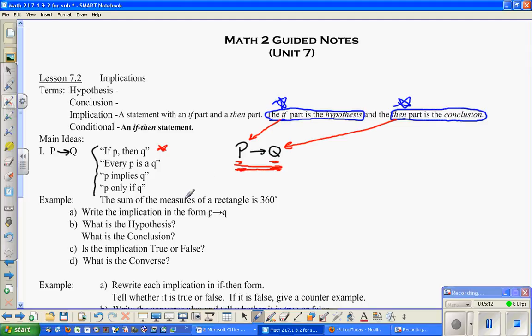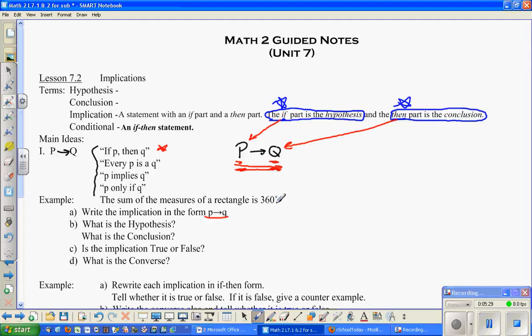Here we have an example. The sum of the measures of a rectangle is 360. Write it in the form of P arrow Q, which means basically write it in an if-then statement.